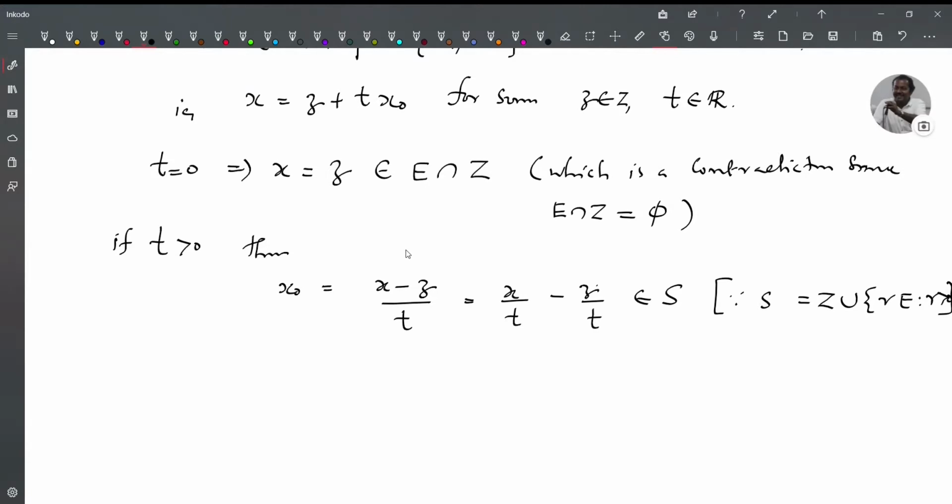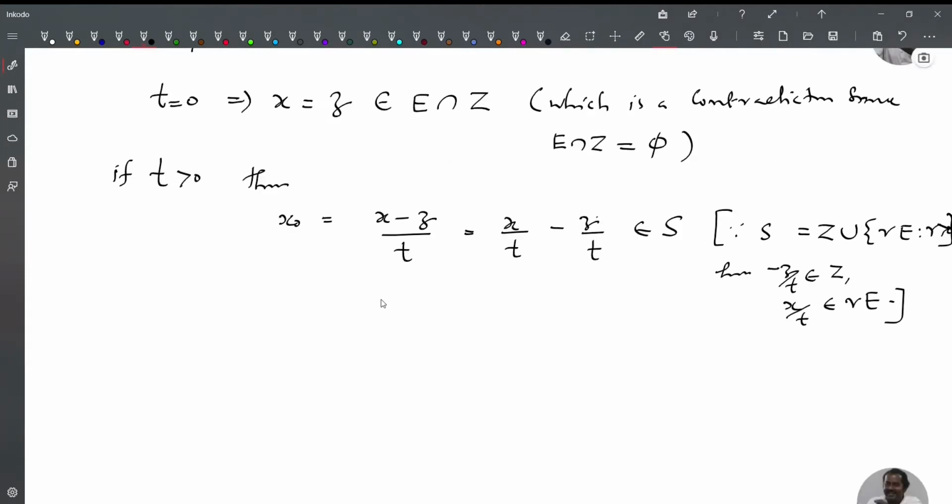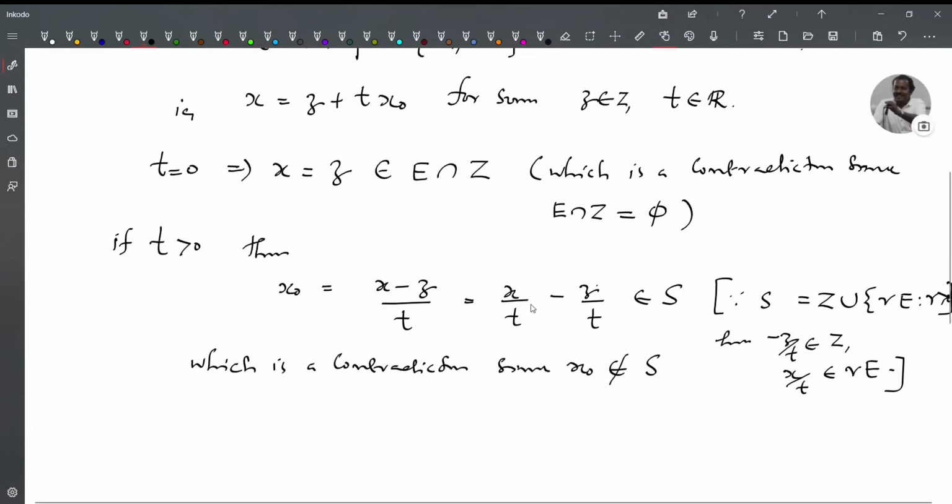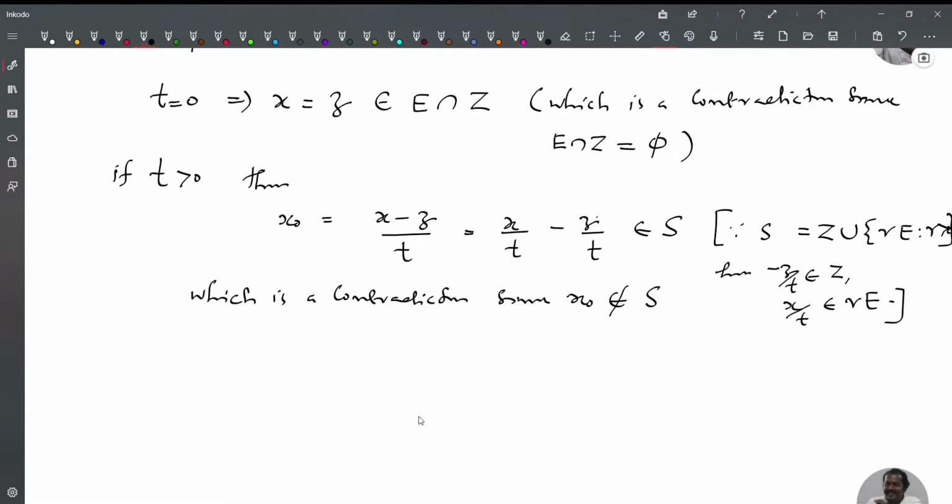So here minus z by t belongs to Z, x by t belongs to rE, which is a contradiction since x₀ does not belong to S. Because x₀ is not an element in Z union S union minus S.